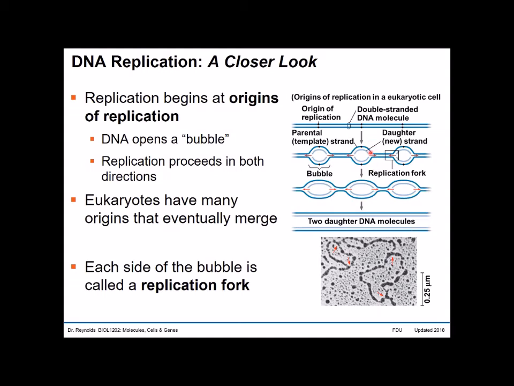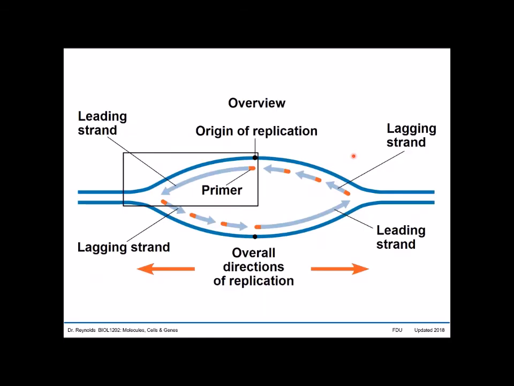Now, each side of these bubbles, each one of these arrows, is representing a single replication fork. So each fork is moving in one direction of this DNA replication. And each fork is going to be composed of a leading strand being synthesized and a lagging strand that's being synthesized.